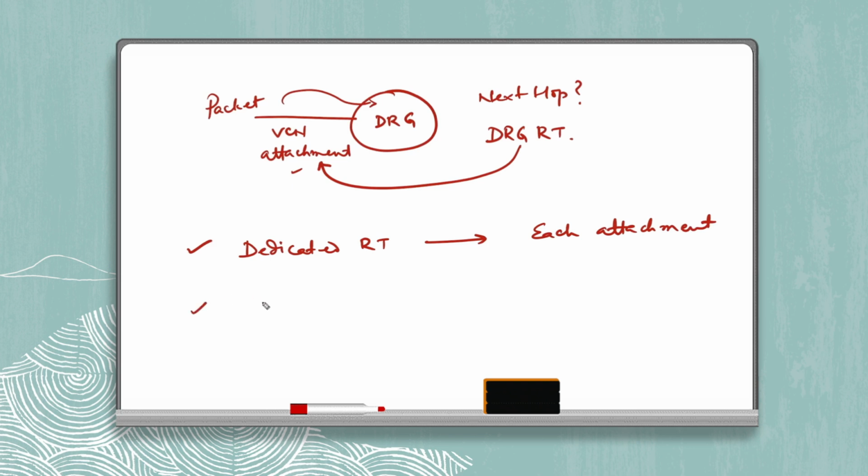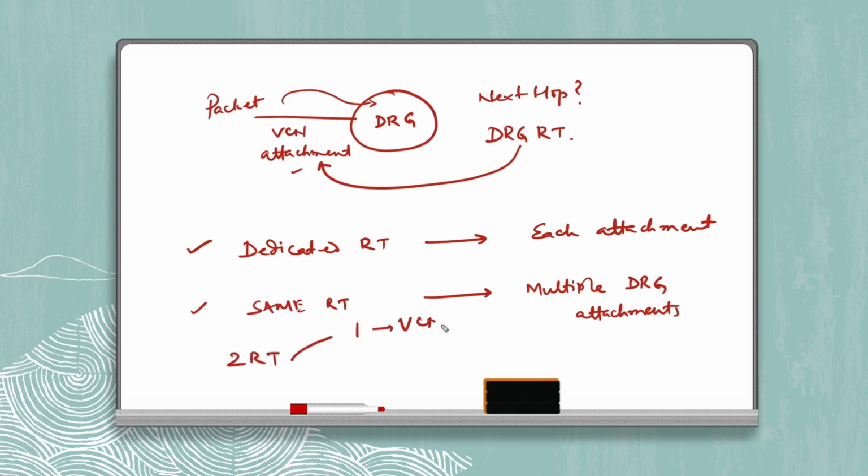What is also possible is you can have the same route table for multiple DRG attachments. And in the default case, there are two route tables, one for VCN attachments and the other one for all other attachments.